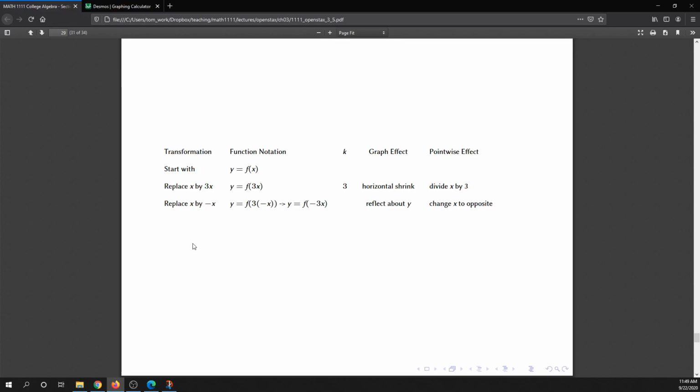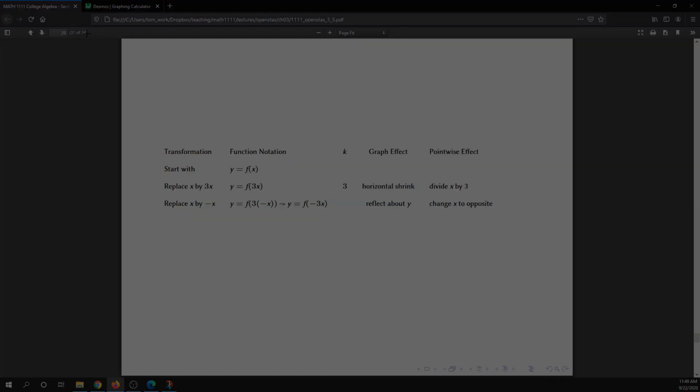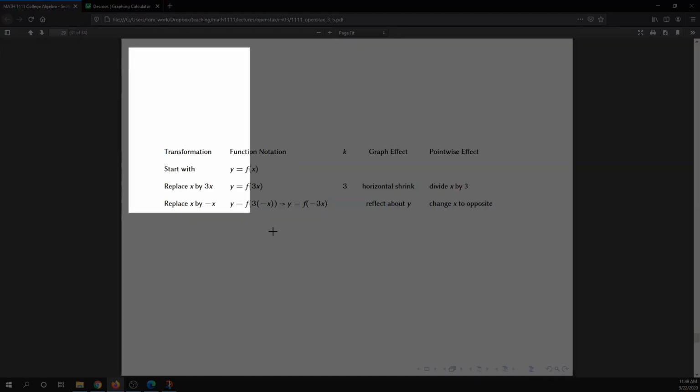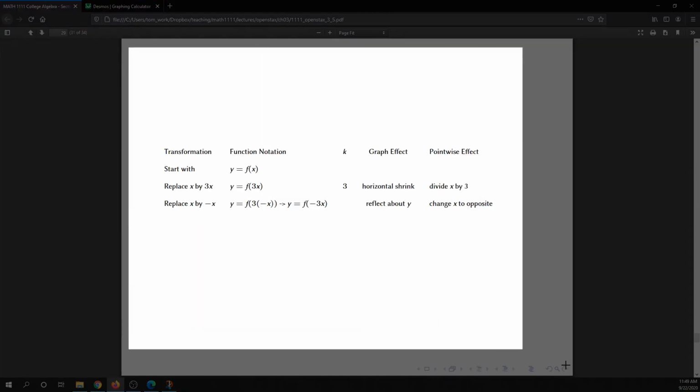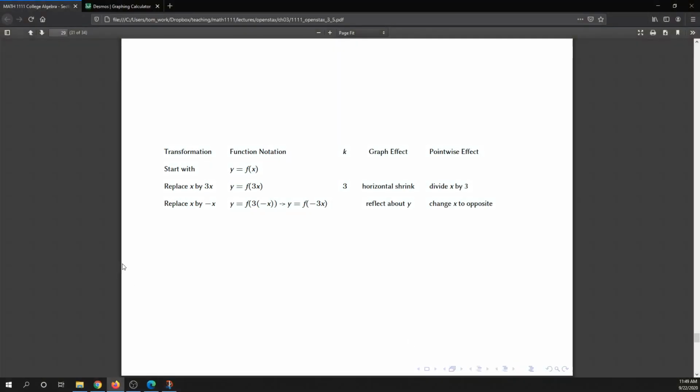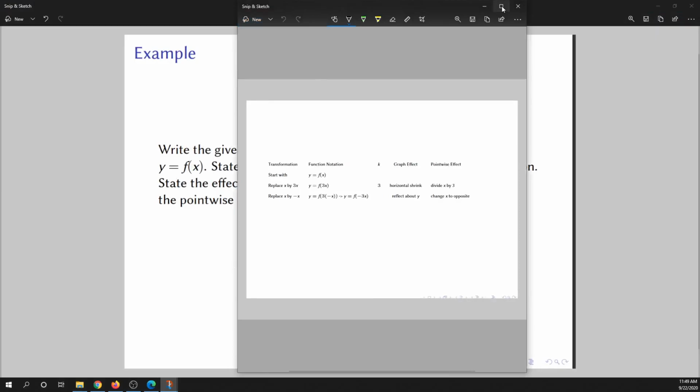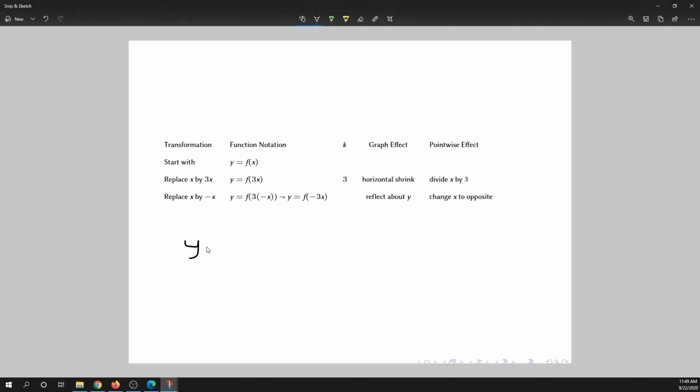Let's go with, if y equals f of x had a point on it at, say, 6, minus 2.